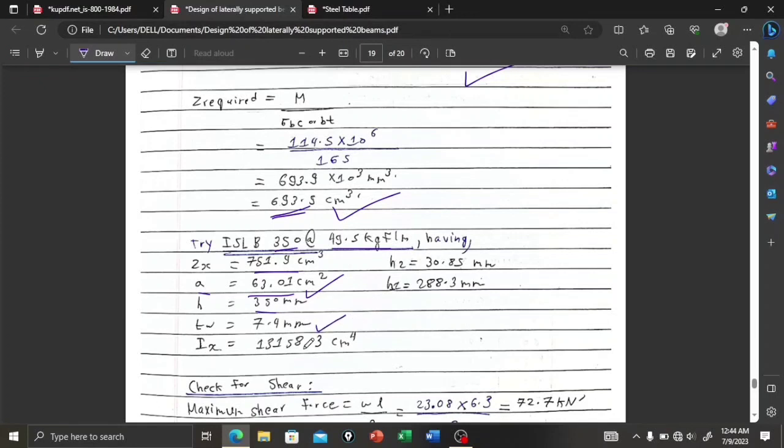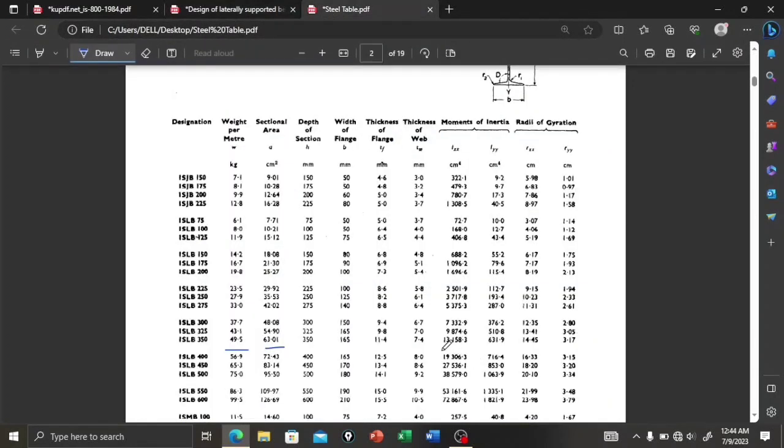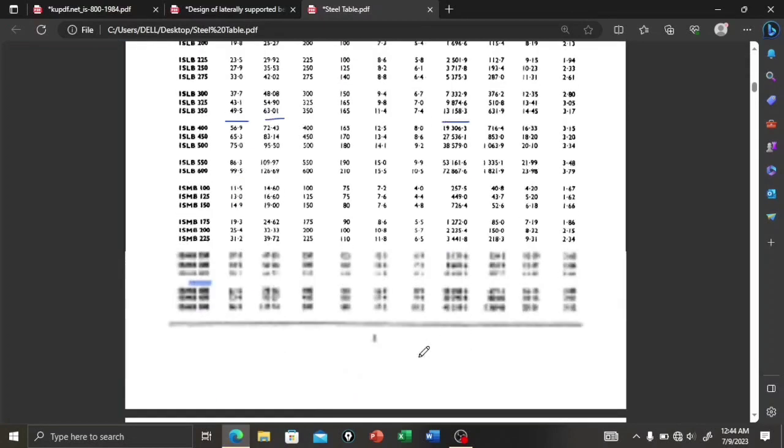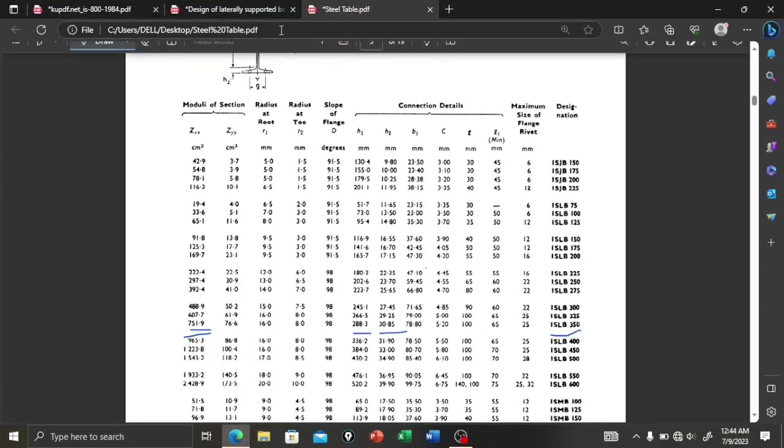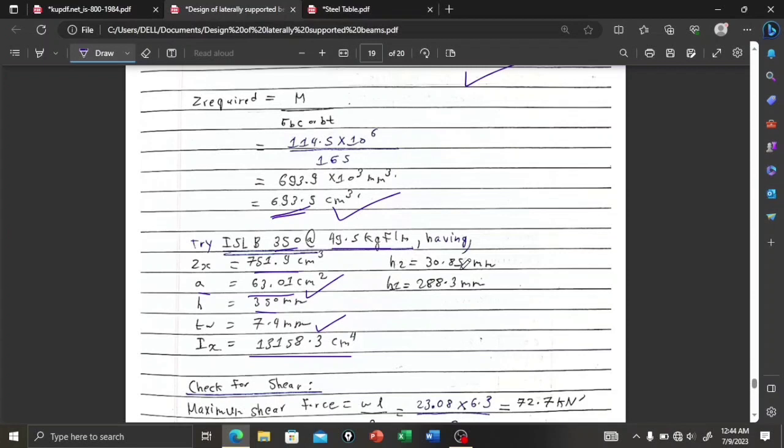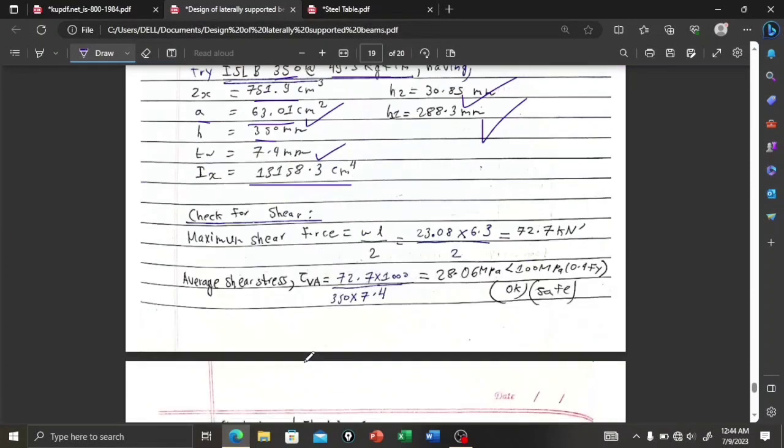IX is 13158.3. R2 is 30.85. R1 is 288.3.